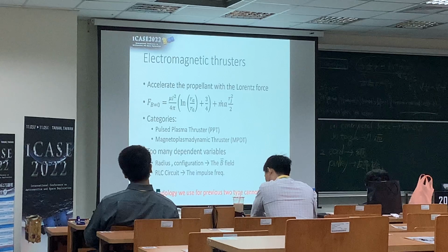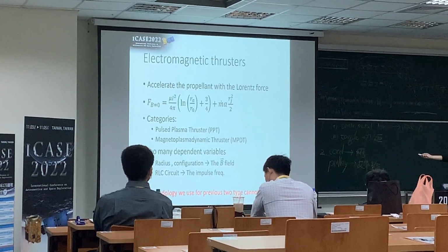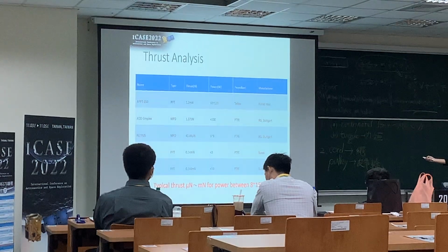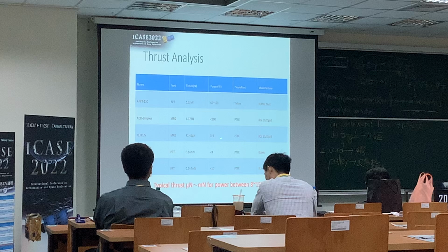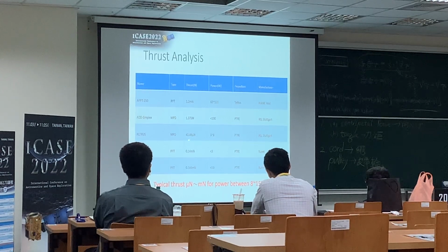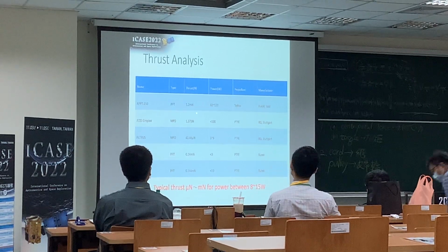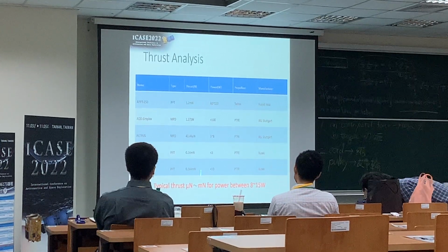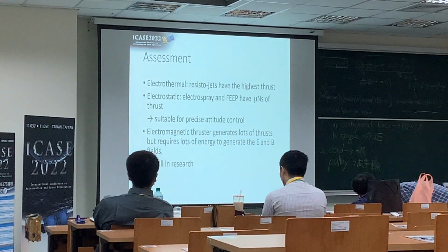So we will study the thrusters from nowadays. For the power between 8 to 15 watts, the typical thrusters are about micronewtons to millinewtons. After the analysis, we will talk about the assessment part and the conclusion part.